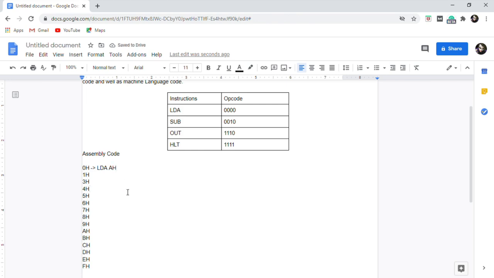So what this LDA does is it will load the accumulator with the contents of memory location AH. That means whatever content we write over here, it will load by this instruction. Then after we need to perform the actual subtraction.